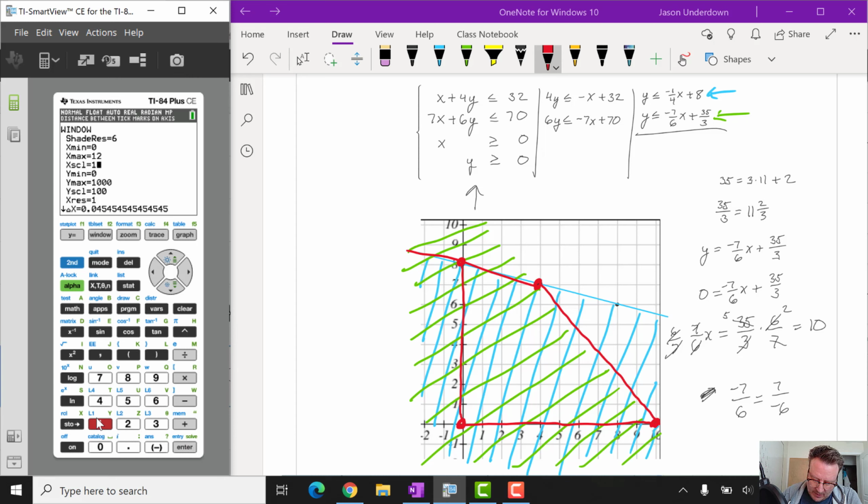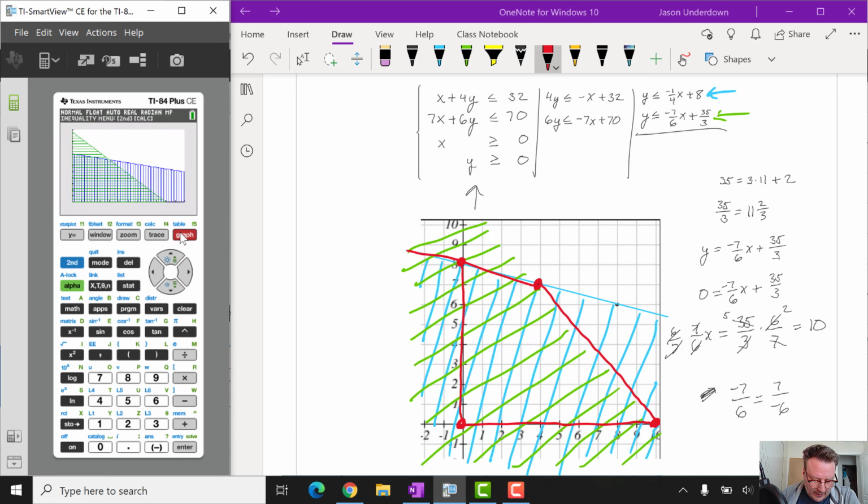What about the y minimum? Y minimum should be 0. Oh, I've got a y max of 1,000. We definitely don't want that. Let's change this to like 12. And the y scale should also be just 1. Okay, let's graph that.